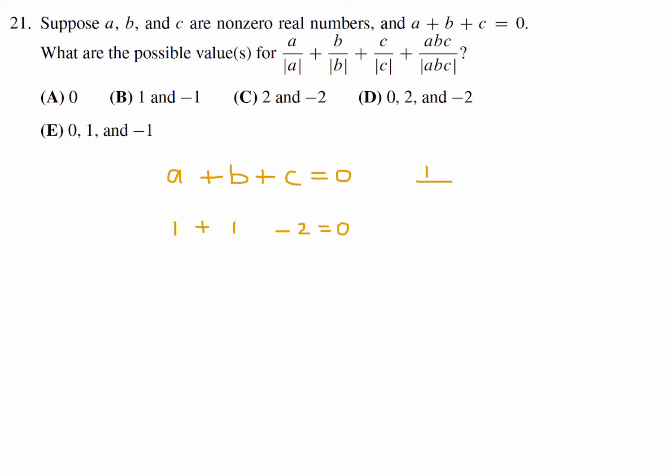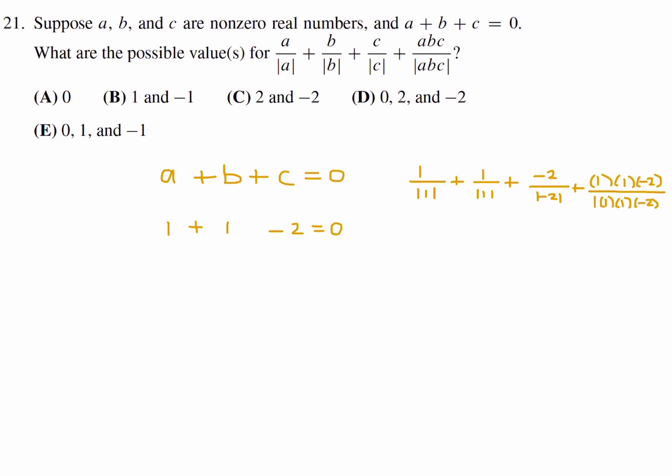That's going to be 1 over the absolute value of 1 plus 1 over the absolute value of 1 plus negative 2 over the absolute value of negative 2 plus 1 times negative 2, over the absolute value of 1 times negative 2. So that gives me the following: 1 plus 1 minus 1 minus 1, and that is 0.